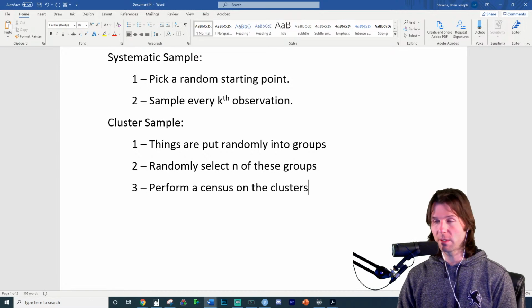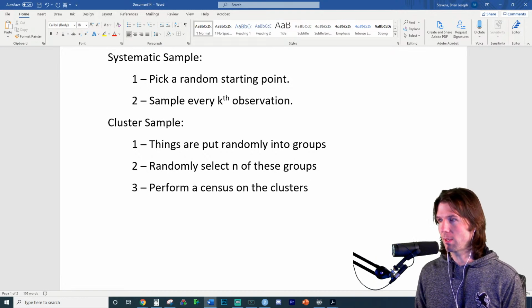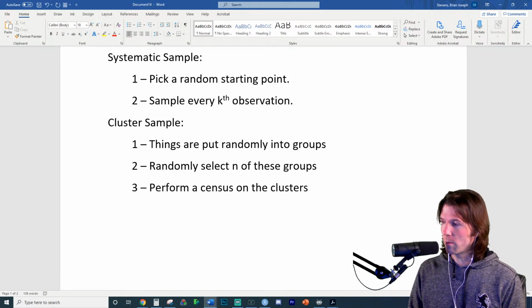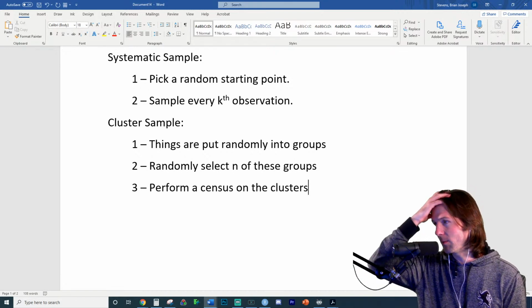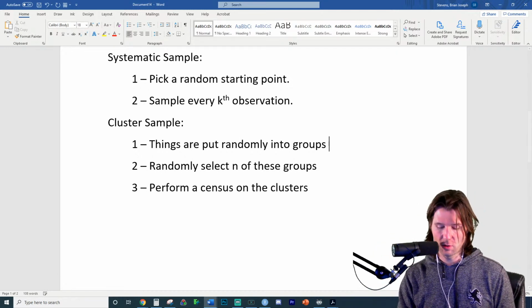So this sounds really complicated, but just think about it in terms of M&Ms. M&Ms are randomly put into bags. When you go to a factory, they're not going to put the bad M&Ms or the misshapen M&Ms or the broken M&Ms into certain bags. The M&Ms are pretty much randomly put into bags. So the bags are the clusters. So this is cluster creation.